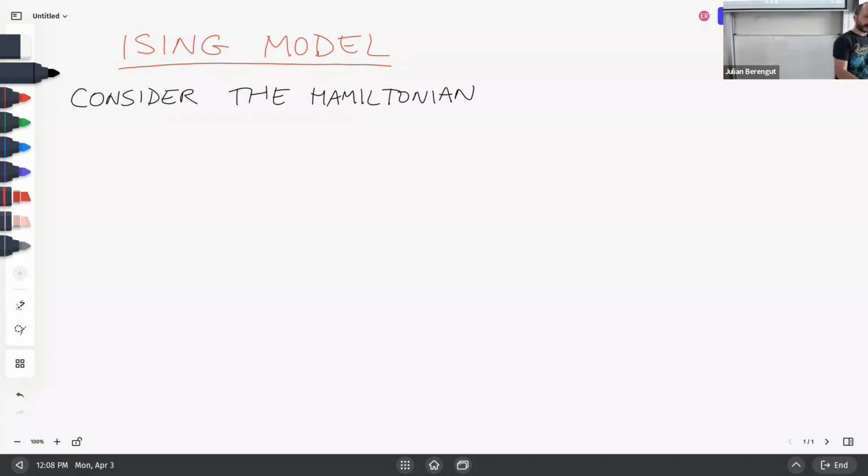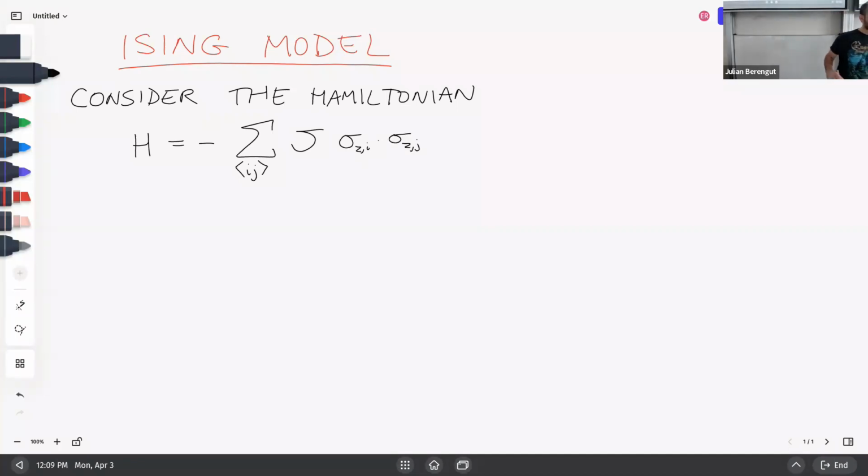Consider the Hamiltonian, and this is what it looks like. I wrote it down last time. It's the sum over pairs of spins, some number J, which is usually just taken as being positive, but it doesn't have to be. And I'm just going to put J times sigma z i times sigma z j.